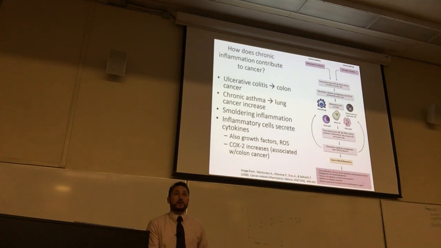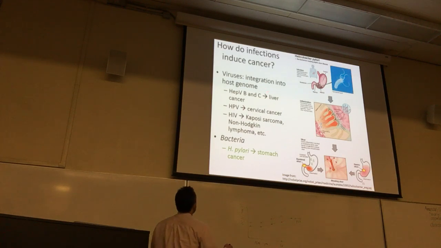And those free radicals cause problems with the DNA. So, uncontrolled long-term inflammation or any of these inflammatory diseases could lead to a cancer state in that tissue in the long term.